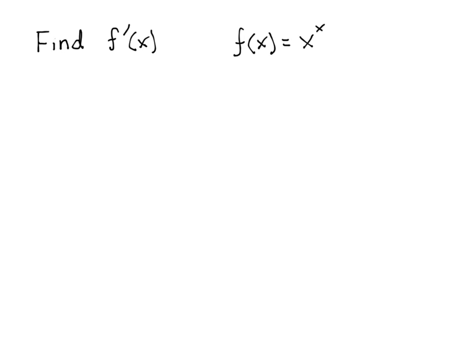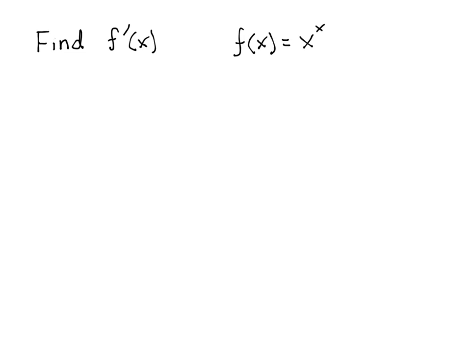Okay, all right, so let's return to this. We want to find f prime if f of x equals x to the x power. So what do we use here? Do we use the rules for exponents, or the power rule? Like if we have x squared, that's going to be 2x.